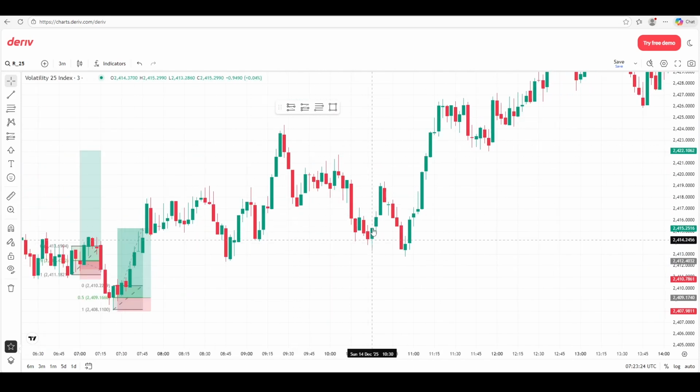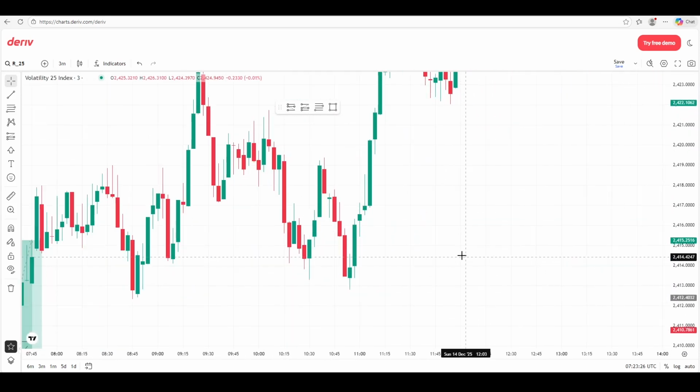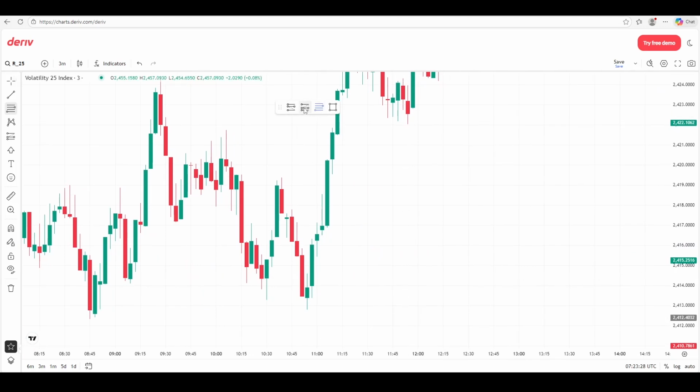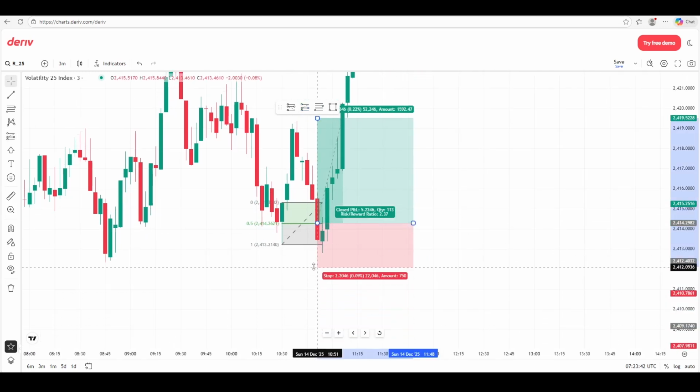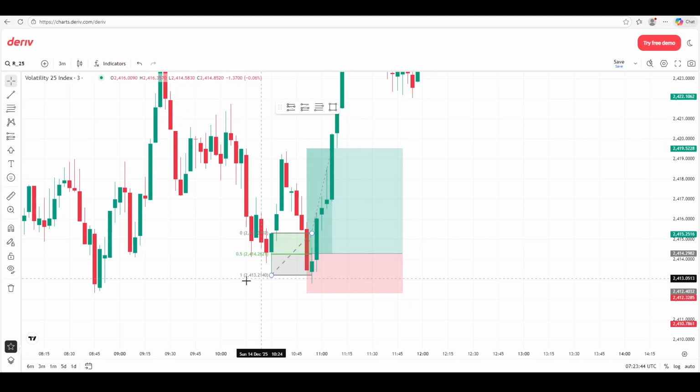We can see one here, this one here. Somebody would say it hit a stop loss, but it didn't, because price did not significantly close.